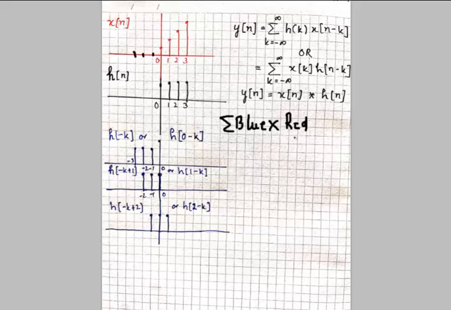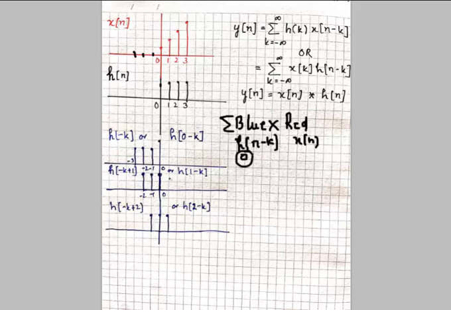The red signal is our x of n. The blue signal is a representative of h of n minus k. So if we do not have any value obtained after multiplication, we cannot really add any of them, so the sum total will be 0 here.